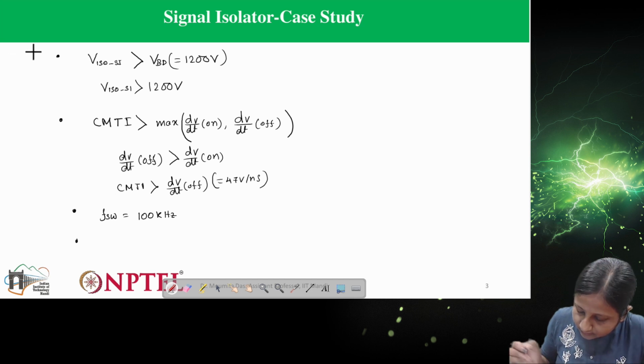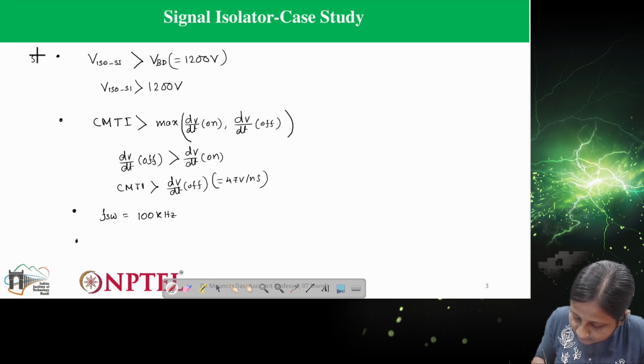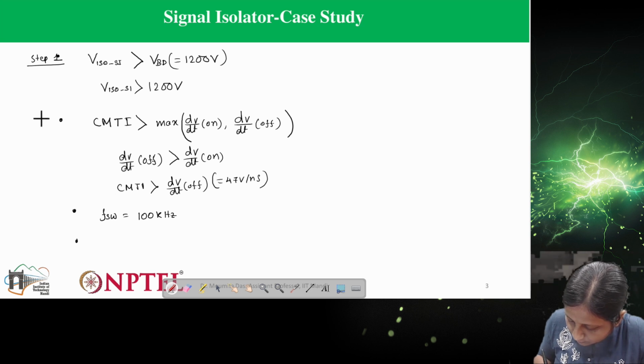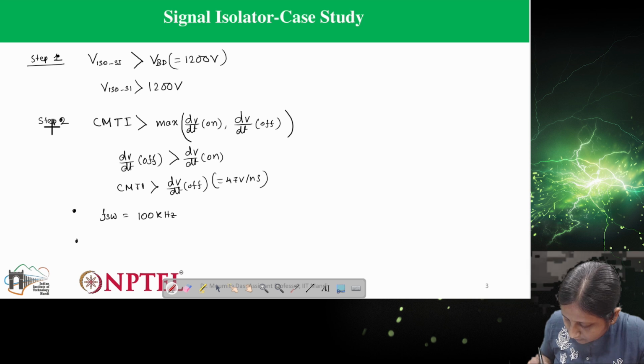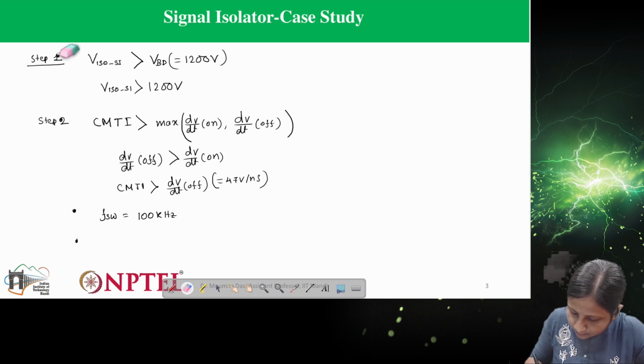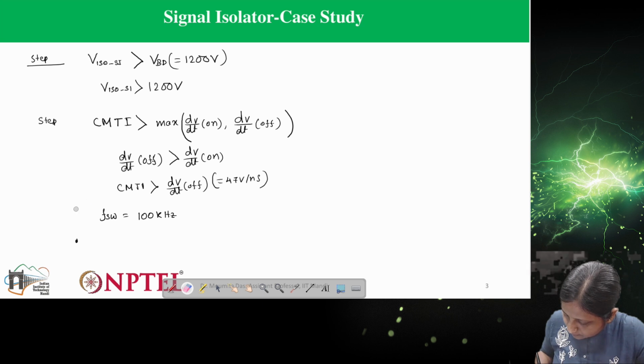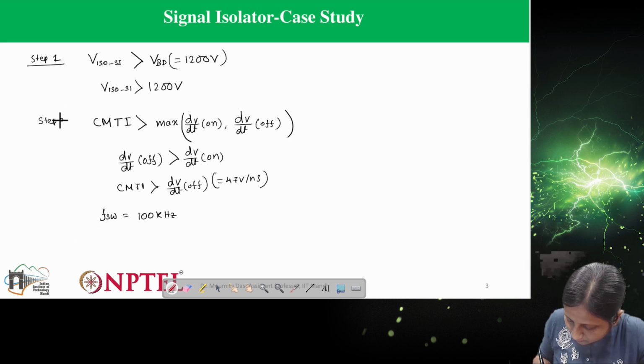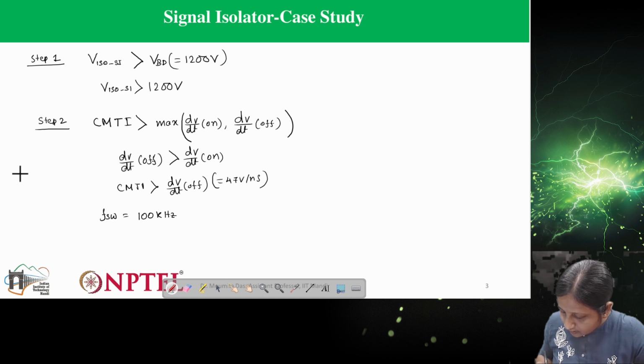So let's say this is step 1, step 2, then step 3.